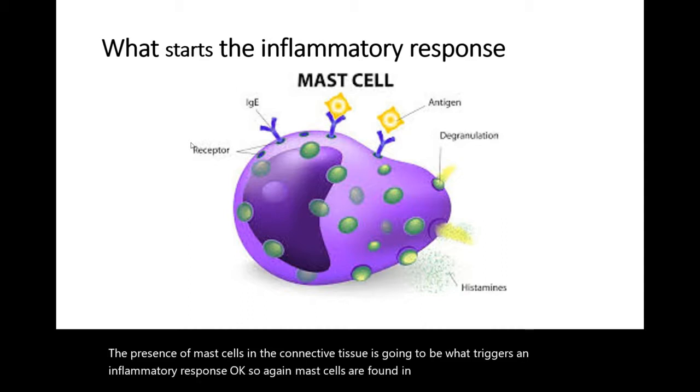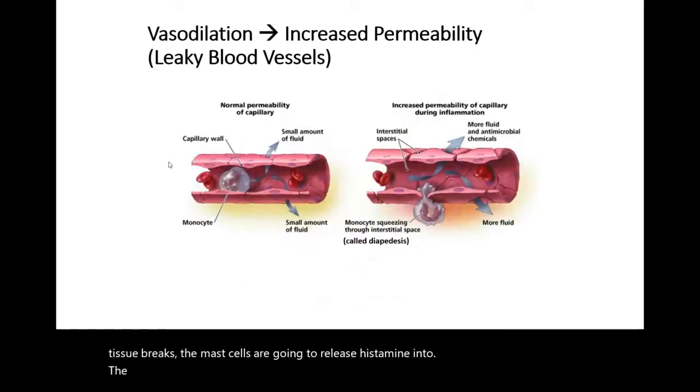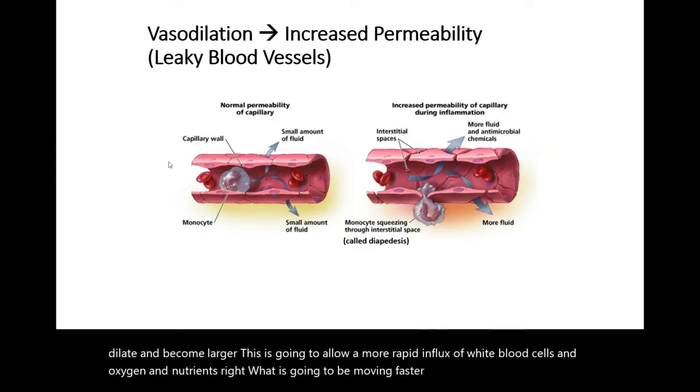So when that tissue breaks, the mast cells are going to release histamine into the area, and that is going to trigger vasodilation. So those blood vessels are going to dilate and become larger. This is going to allow a more rapid influx of white blood cells and oxygen and nutrients, right? Blood is going to be moving faster, hence the redness.